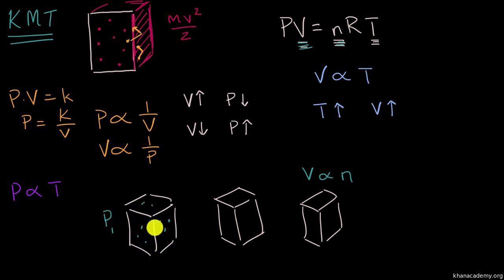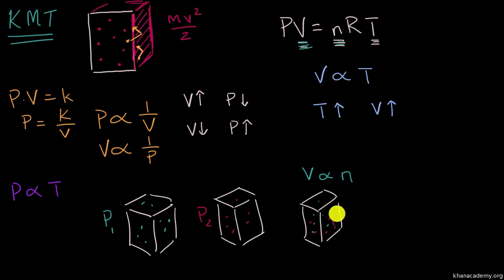We're going to assume the volume and the temperatures are the same across all three of these. And let's say we have gas 2, and it is exerting pressure 2. If I were to take all of the gas in both of them and put them both into this third container, so this third container is going to have all of the original gas 1 and all of the original gas 2, but we aren't changing the volume and we aren't changing the temperature.